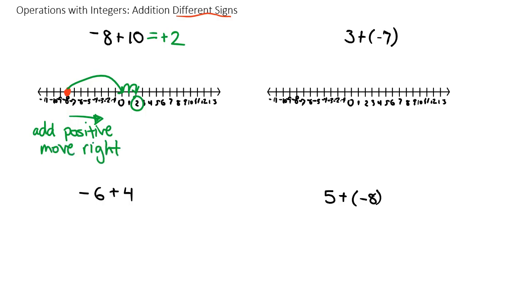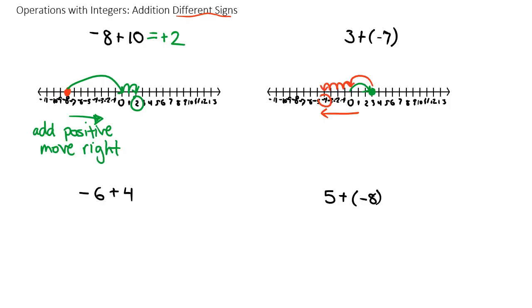And in this second example, 3 plus -7, we are starting at 3. So we go 0, jump out to 3. And then this says that we're adding a negative. So when we add a negative, we need to move left. So we start at this 3, and it takes 3 to get back to 0, and then we have to go 4 more: 4, 5, 6, 7.